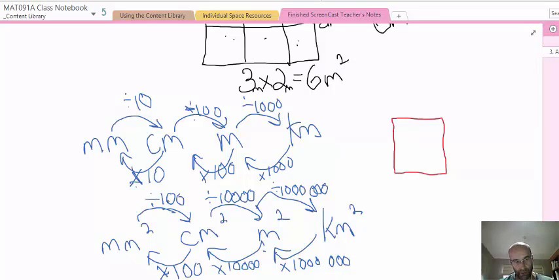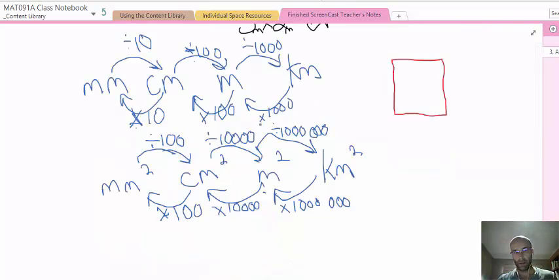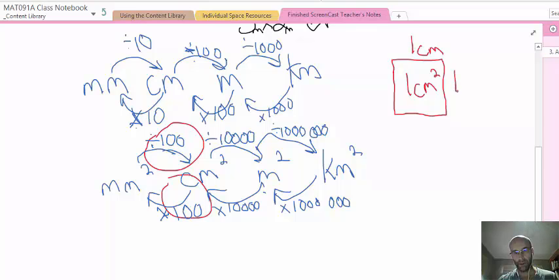If we start at one of these examples, like here, where we're converting between centimeters and millimeters, looking at the example here, if we have say 1 centimetre squared like before. As we know, that's 1 centimetre multiplied by 1 centimetre.